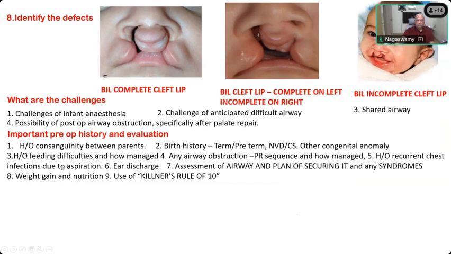History of recurrent chest infections due to aspiration while feeding. History of ear discharge, middle ear infections. Assessment of airway and plan of how to secure it.